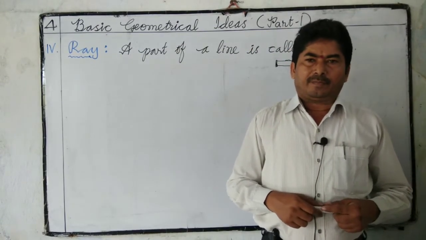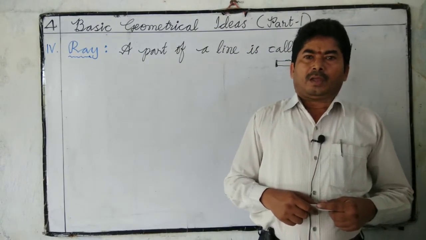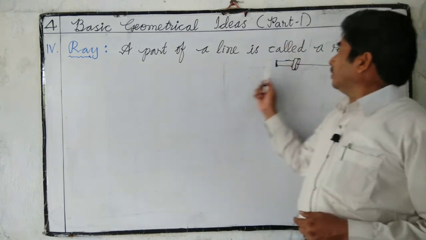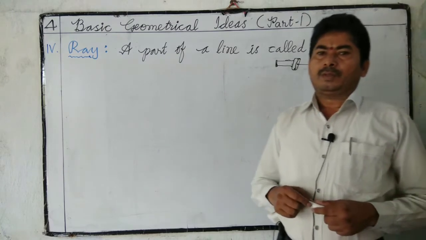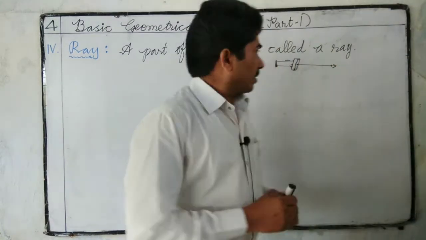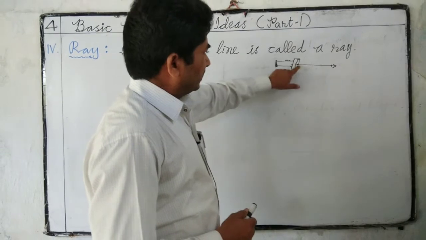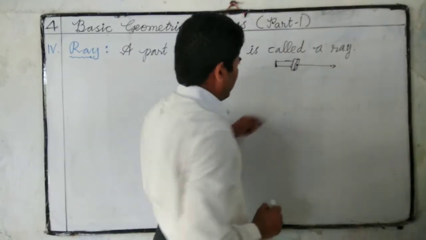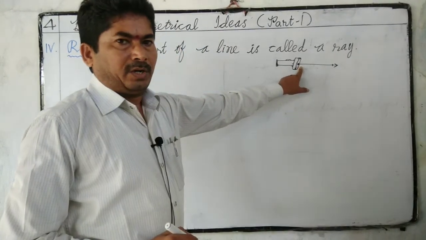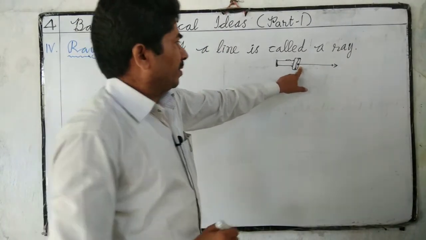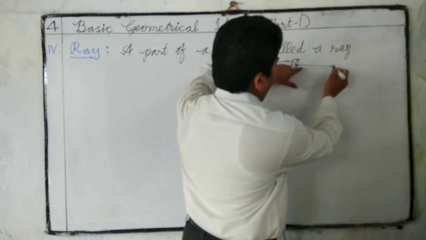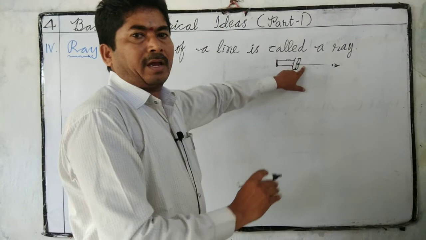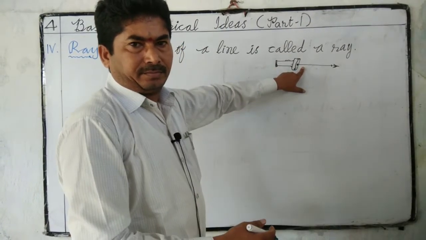Ray. What is a ray? A part of a line is called a ray. It begins at a point, its initial point, and goes on endlessly in a specified direction.